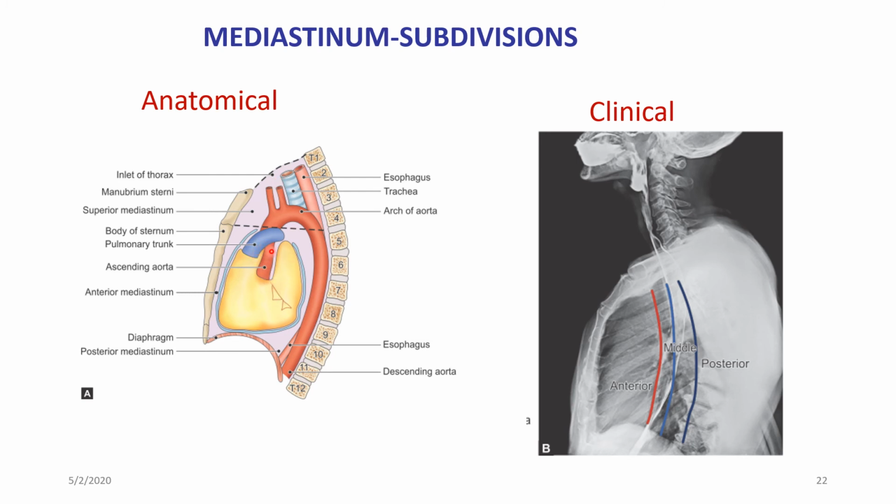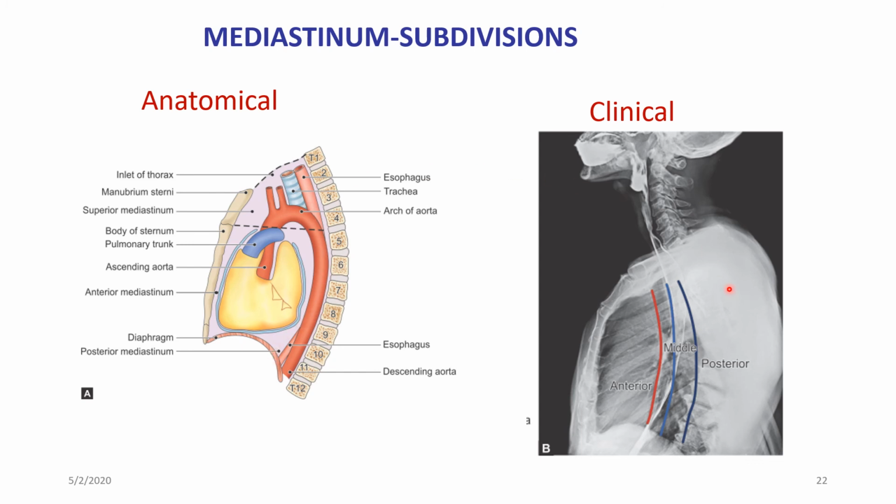And this ascending aorta and the pulmonary trunk we are seeing in the middle mediastinum. The trachea and esophagus, they are contents of superior mediastinum. The esophagus will continue as a content of posterior mediastinum.